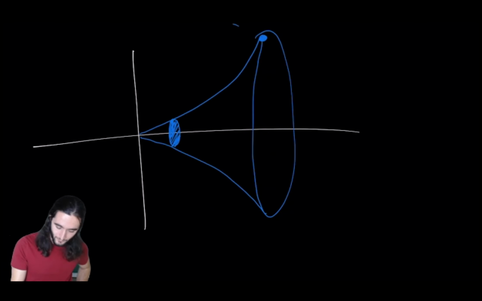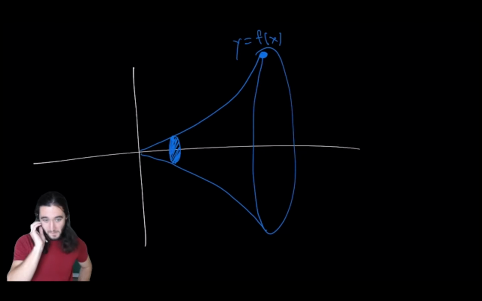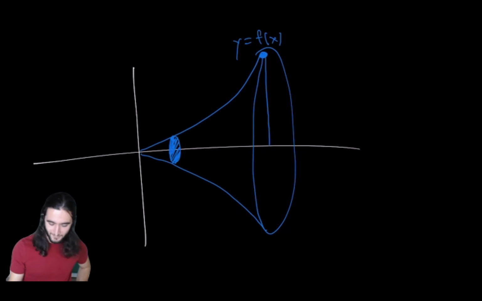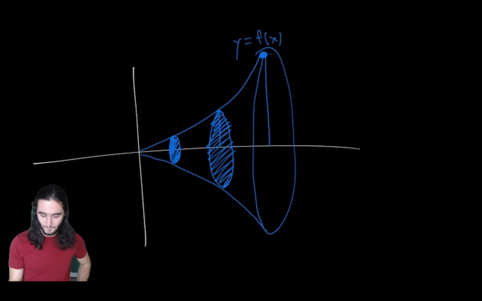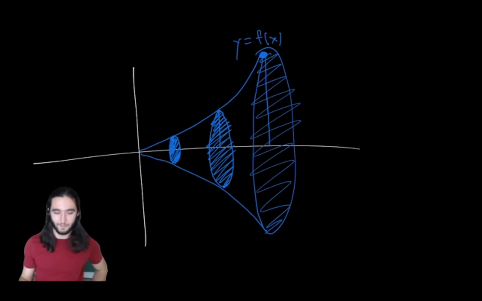And so I'll call this f, whatever f happens to be. It takes on different values, right? It's big down there and it's small down there. And then somewhere in the middle, it's in the middle. So this circle has its own radius. And so if you do pi r squared to that radius, it's going to have its own area. So all of these circles have their own areas.